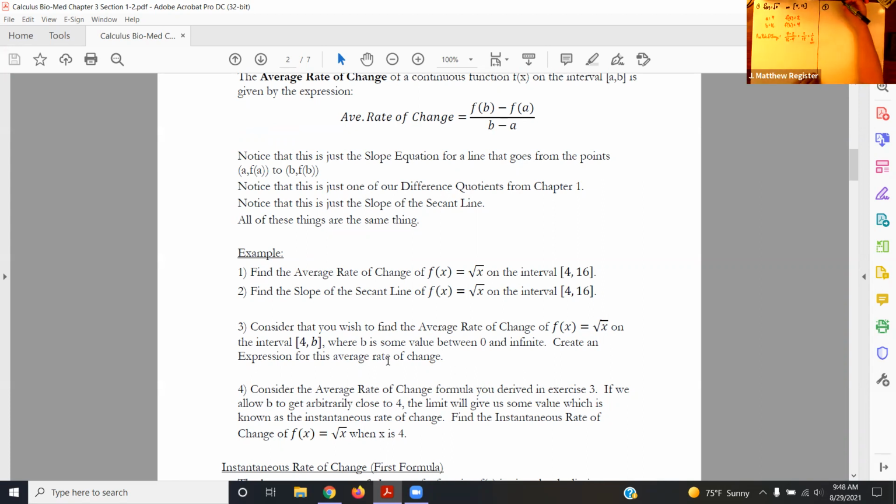And so for 3, it's still going to be f of x is equal to square root of x. But now it's on the interval from 4 to b.